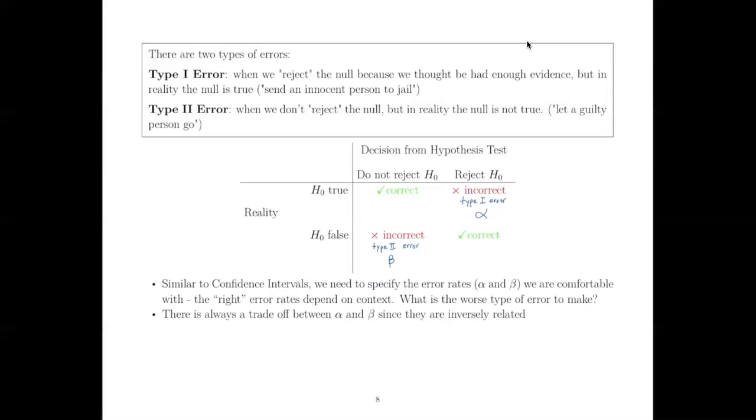For hypothesis testing, it's always a trade-off between the two. And so we're going to have a little bit of discussion around which one is the worst type of error to make. I think this is more of a judgment call, a moral call. This is not something that I can tell you statistics says this. It's really going to depend on the context of the problem, and it's going to depend on your value system, which one you think is worse.